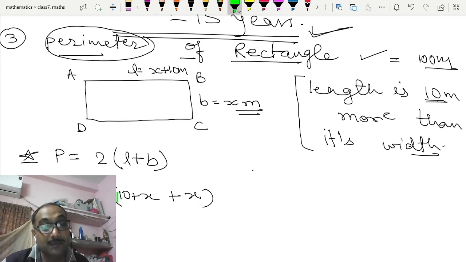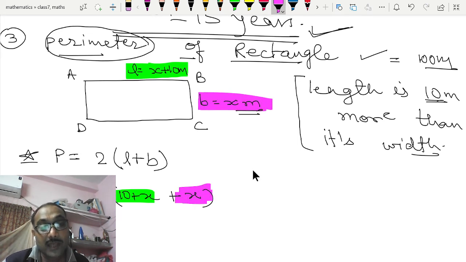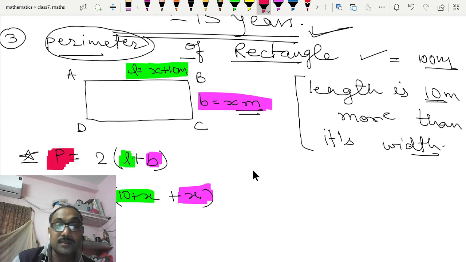So this x plus 10 or 10 plus x, this is the length of the rectangle, and width is x meter. So here it is x. So simply you can see that you have obeyed the laws of formula. This is L, this is B, and you have written this perimeter. Formula of perimeter, if you do not know, then you will have problem. So learn the formula of perimeter, that is equal to 2 into L plus B.